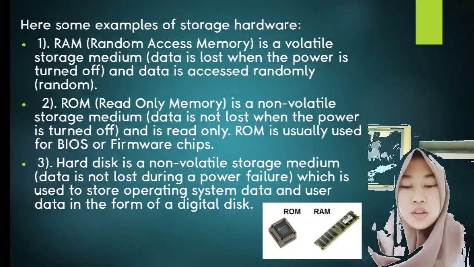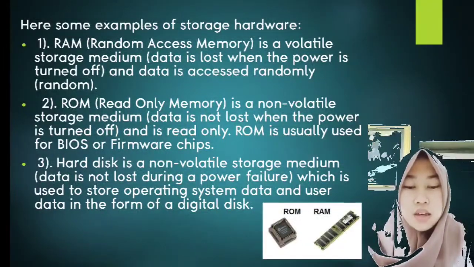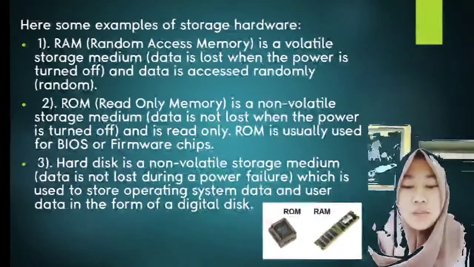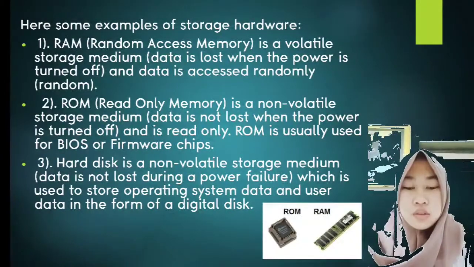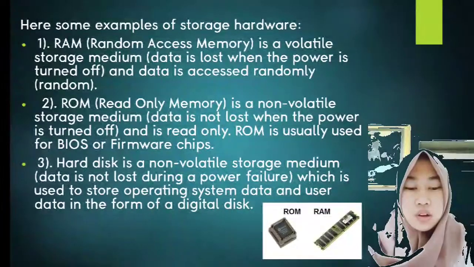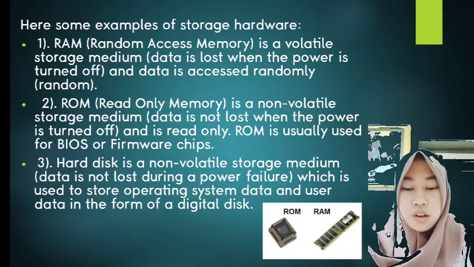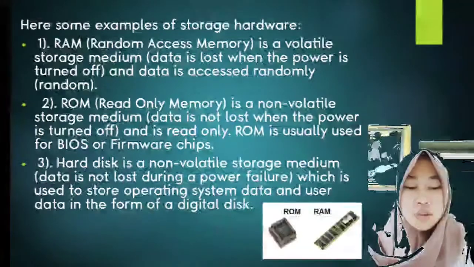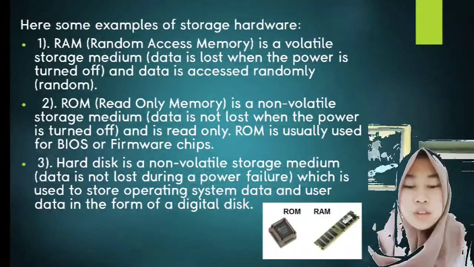Data is not lost during a power failure, and it is used to store operating system data and user data in the form of a digital disk. A hard disk allows dividing storage location based on partition.